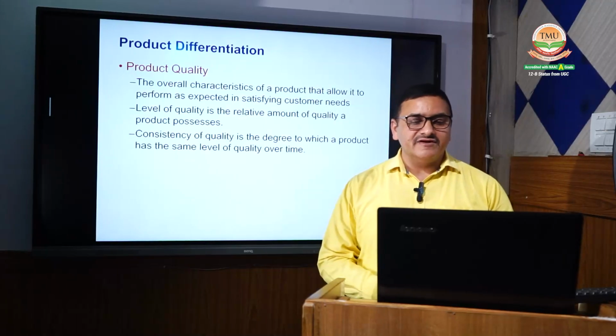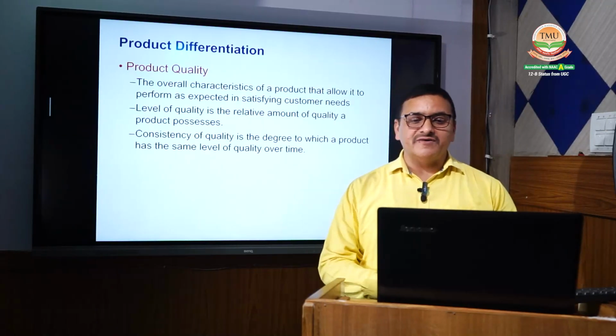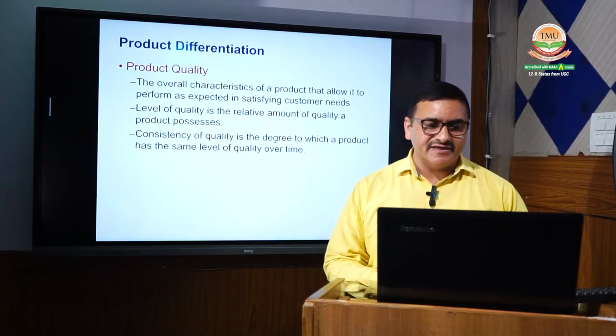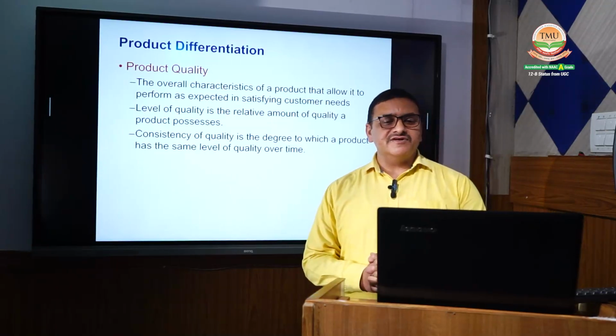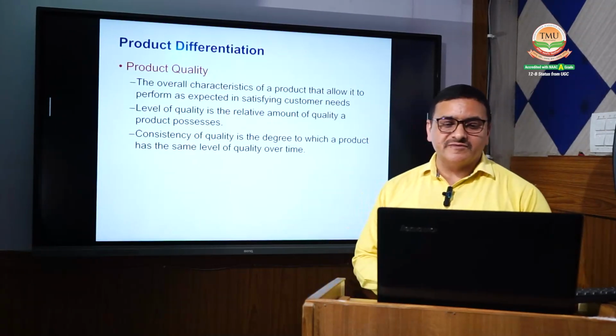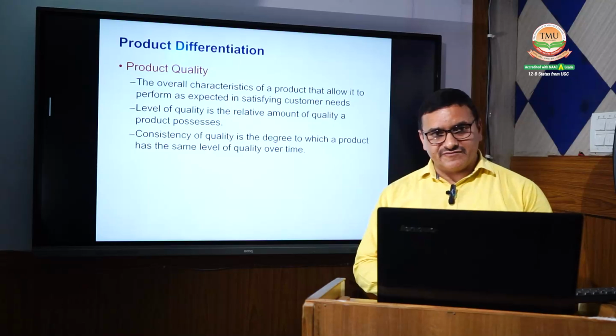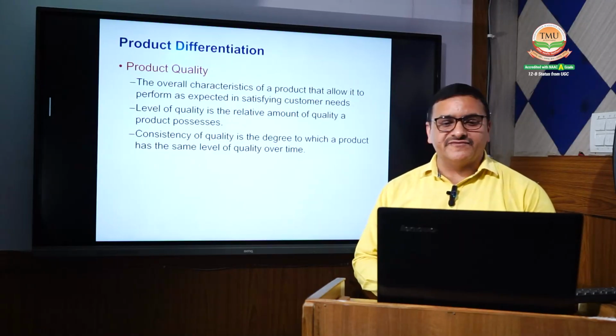And the level of quality is the relative amount of quality a product possesses, and the consistency of quality is the degree to which the product has the same level of quality over a period of time.